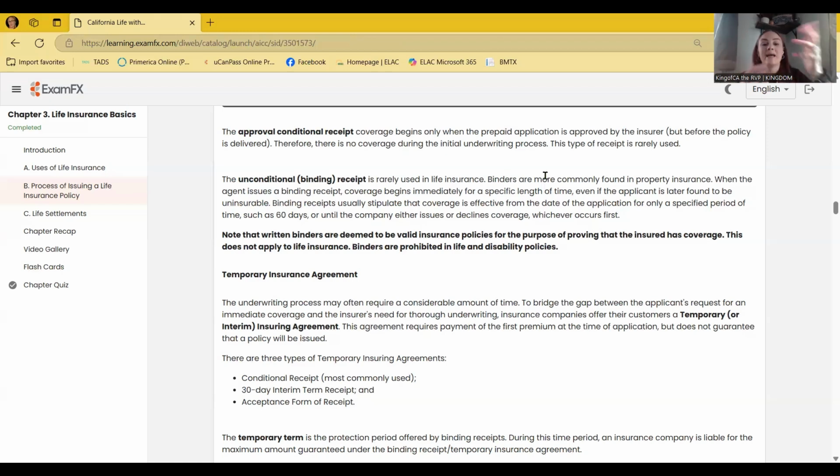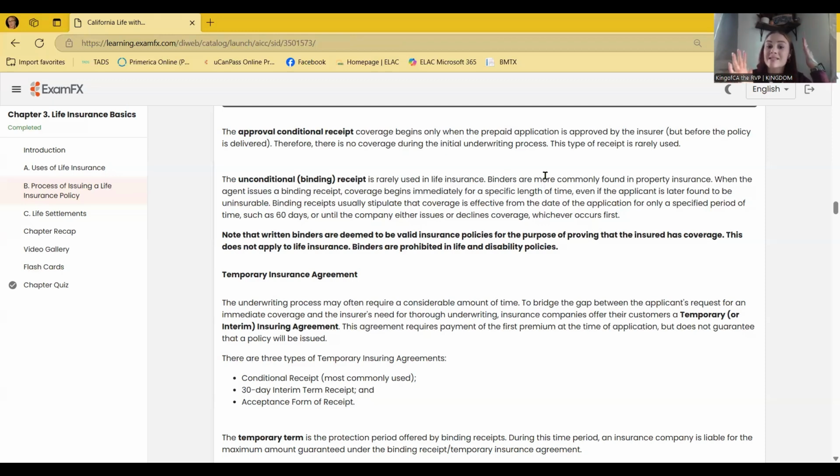So, like I said, a binding receipt or unconditional receipt is rarely used in life insurance. Binders are more commonly found in property insurance. When the agent issues a binding receipt, coverage begins immediately for a specific length of time, even if the applicant is later found to be uninsurable.